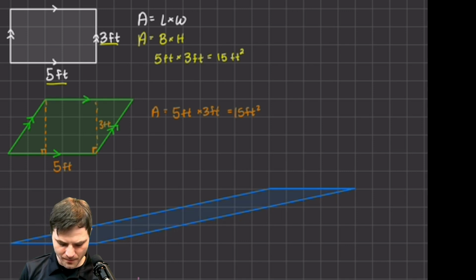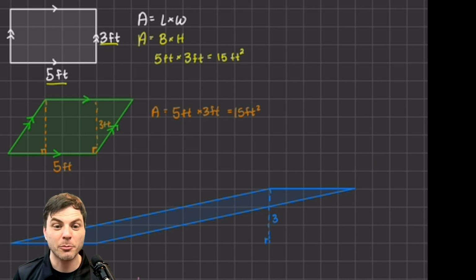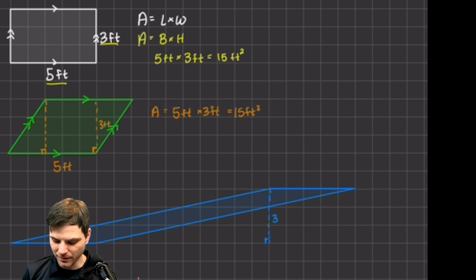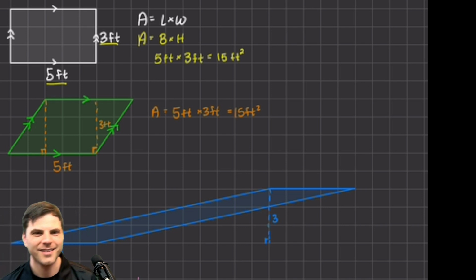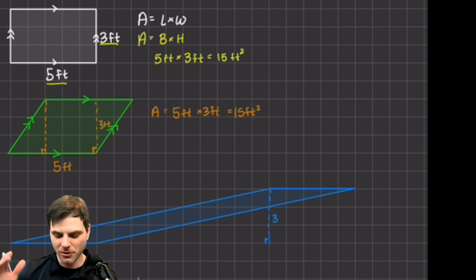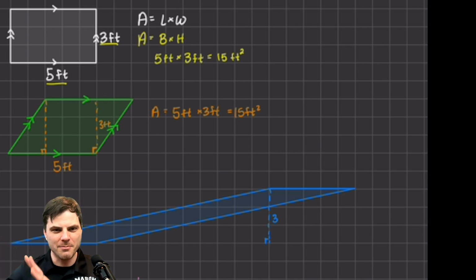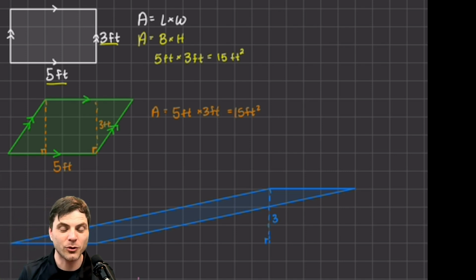And this area, base of 5, height of 3, and that's perpendicular to this base. This area will also be 15 feet squared because it's a little off screen, it is 5 times 3, and this could just be figured out by moving pieces around. So all parallelograms are that same size.